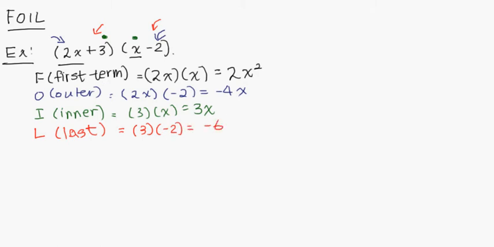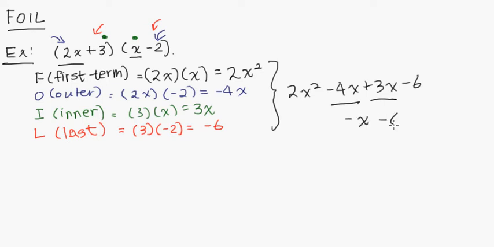Now once we have all these components, we just add them up. So we have 2x squared minus 4x plus 3x minus 6. And we can combine these two terms together to get negative 4x plus 3x, which is negative 1x. And then we just bring down the other terms.